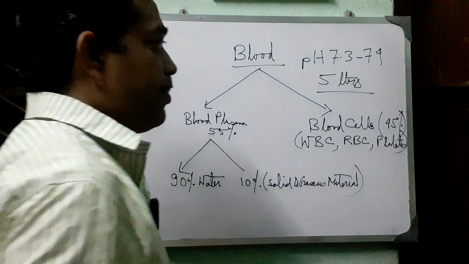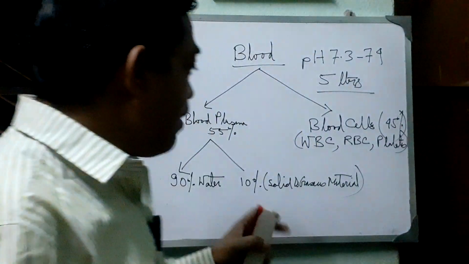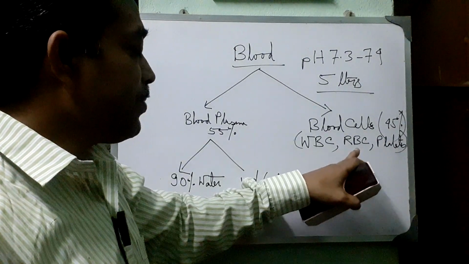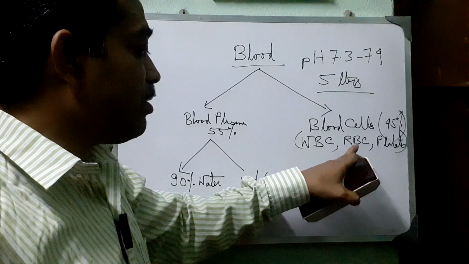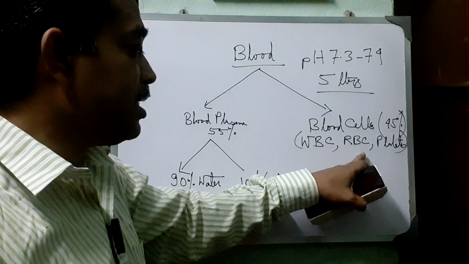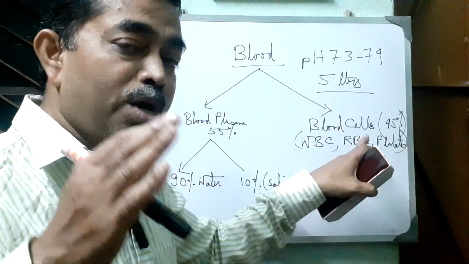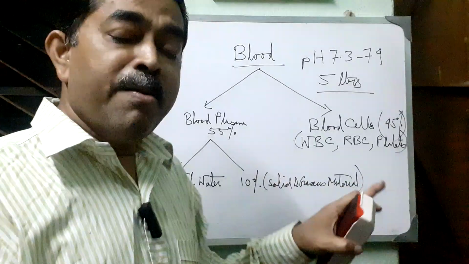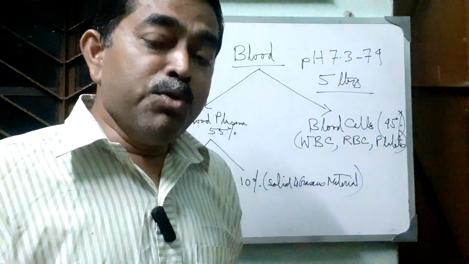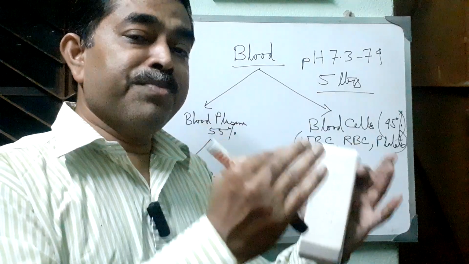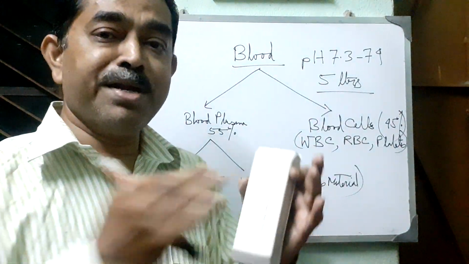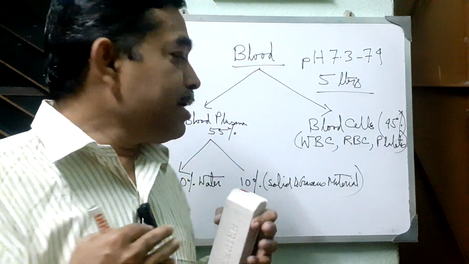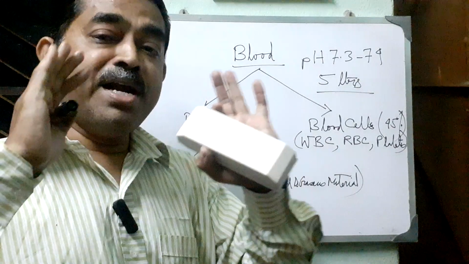Now, among the blood cells, the function of RBC, red blood cell, is to carry oxygen to all parts of the body, and the main function of WBC is to develop the immune response. When any foreign pathogenic bacteria or virus invades our body, WBC fights against them.